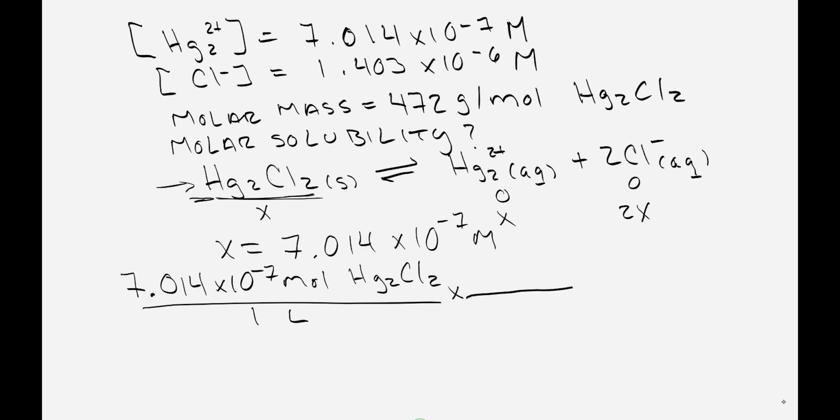And the molar mass is, or no, I wrote that, 472 grams of Hg2Cl2 per 1 mole. So then my moles cancel out, and I am left with my grams.